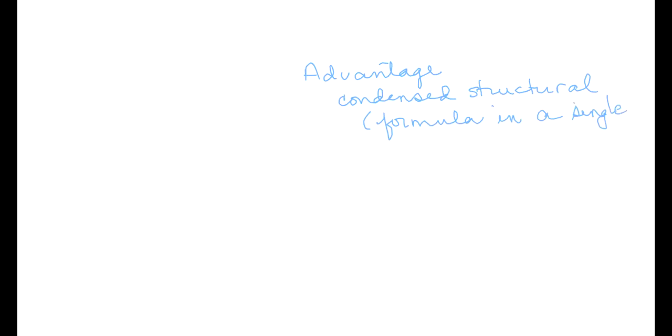So it can be good for a lot of linear type compounds, and they're also good for smaller compounds. And you don't have to draw as many explicit lines as you would with your Lewis dot structures.